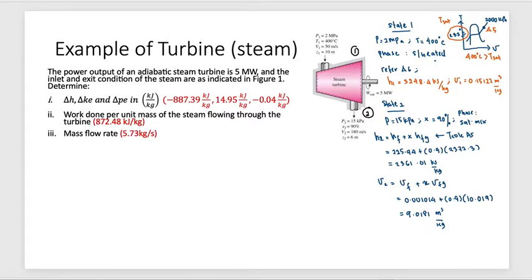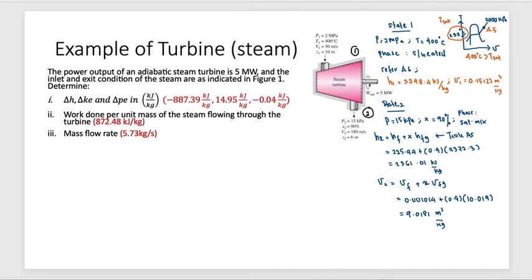If the steam is superheated, then we have to refer to table A6. At table A6, we look at pressure of 2 megapascal and temperature of 400, and I get H1 as this number and specific volume as this number.